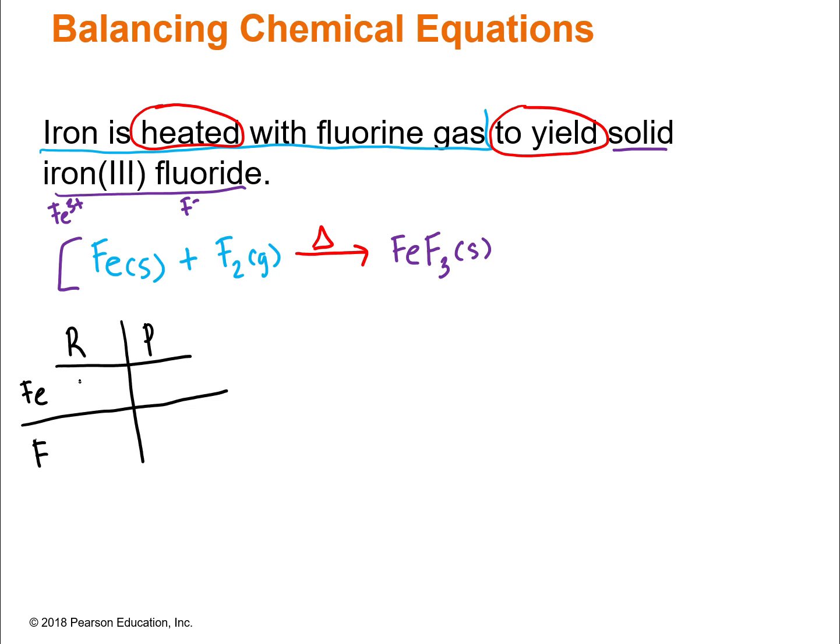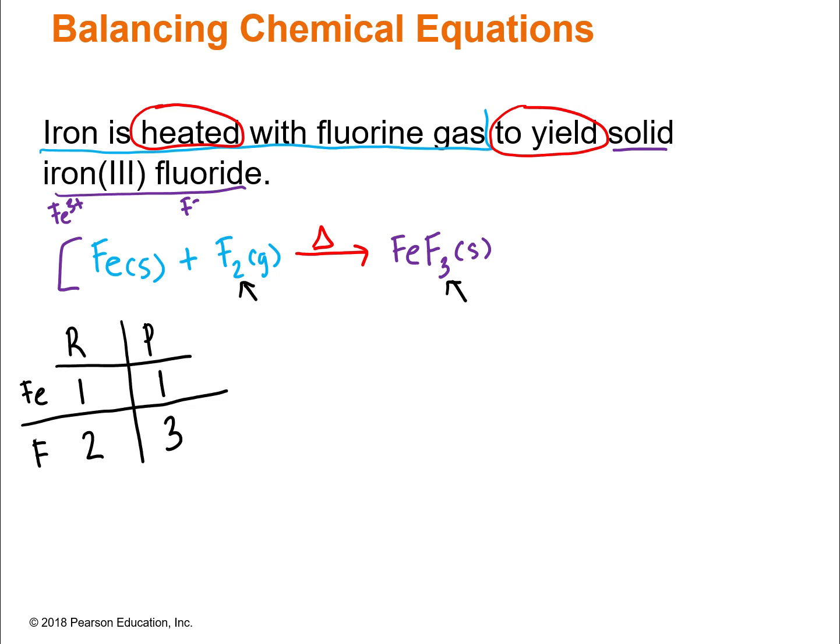For the reactants, we've got 1 iron and 2 fluorines. That subscript for the 2 means that you have 2 fluorine atoms. On the product side, we've got 1 iron, but now we have a subscript of 3, which means that we've got 3 fluorine atoms on the product side.